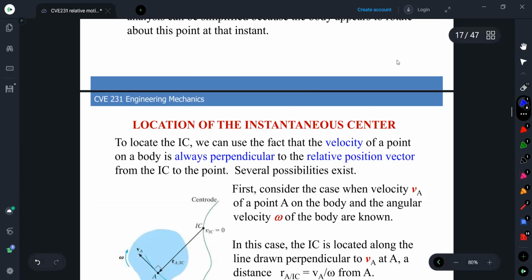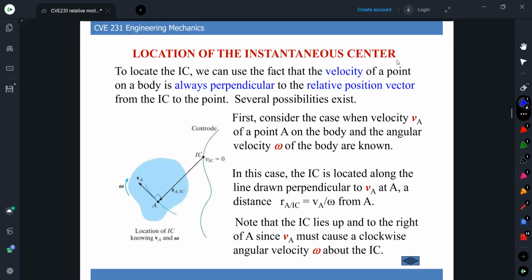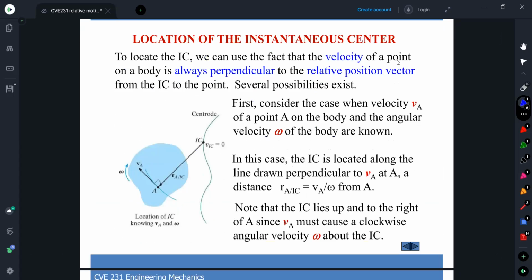So how do we locate the IC? We can use the fact that the velocity of a point on a body is always perpendicular to the relative position vector from the IC to the point. For the first case, we already know the velocity of point A on the body, and we also know omega, the angular velocity of the body.